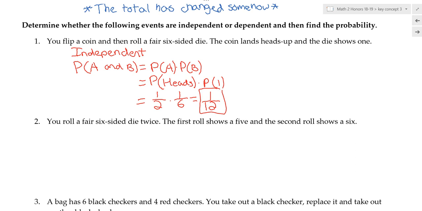Number 2, I roll a fair 6-sided die twice. The first roll shows a 5 and the second roll shows a 6. When I roll it the second time, I still have the same 6 outcomes. My number of outcomes has not changed, so this is independent.